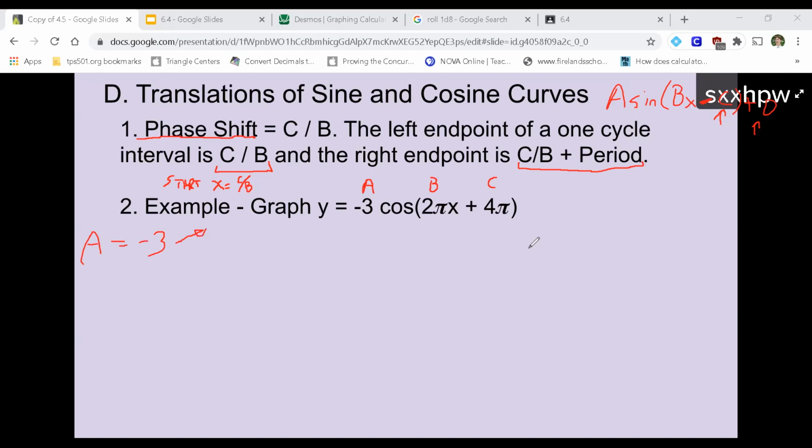It tells us that the amplitude is 3, which means we range from -3 to 3. It also tells us, because it's negative, that we reflect over the x-axis.